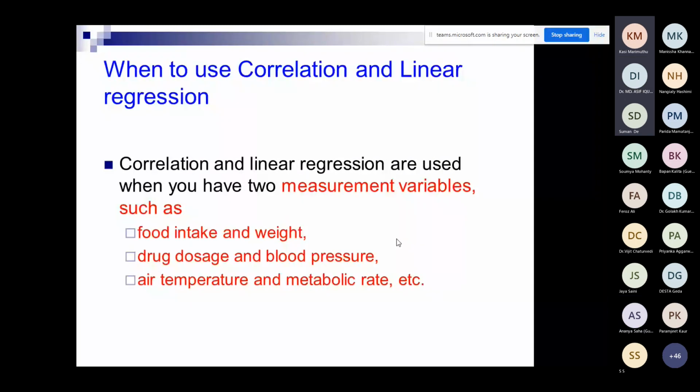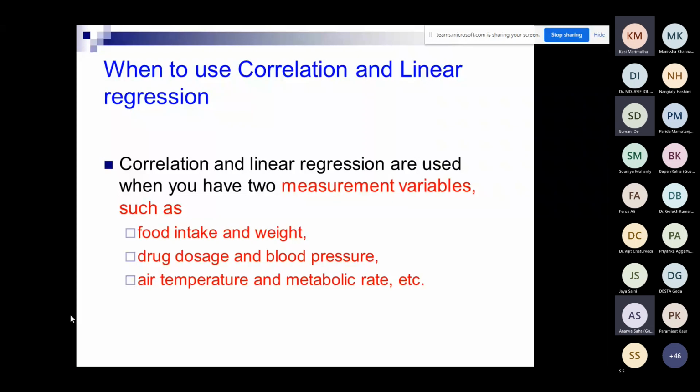Yes. So when to use correlation? Correlation is meant to study the relationship, whereas regression is meant for prediction. Whenever you have food intake, the amount of food you consume and your body weight gain, the amount of drug you have taken and the blood pressure, age versus systolic blood pressure, age versus cholesterol, age versus your blood glucose level, income versus expenditure, they can be related.